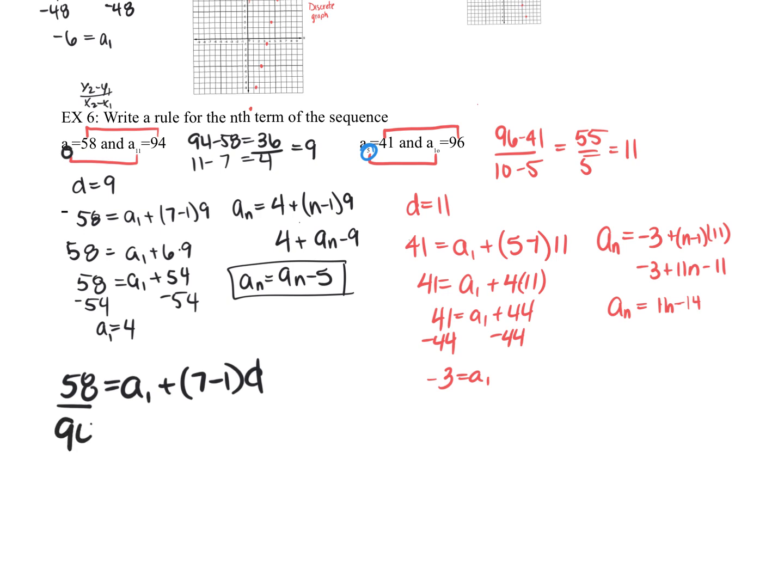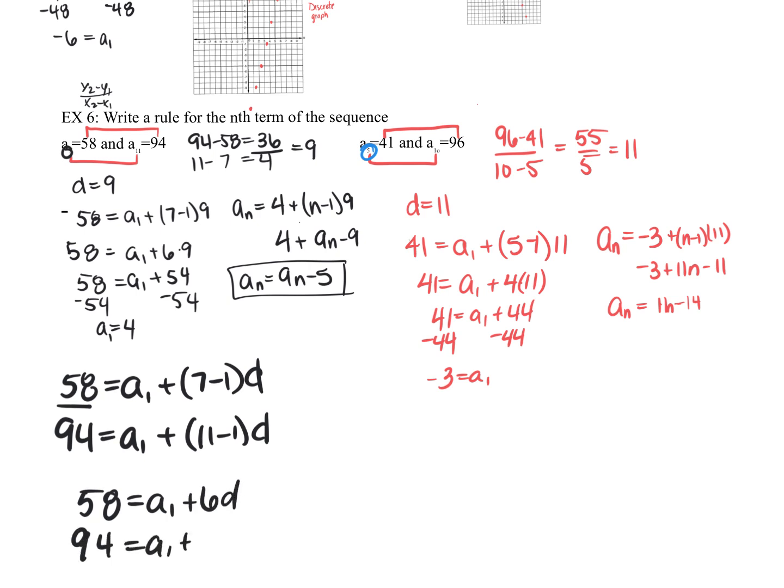And then 94 equals A1 plus 11 minus 1 times D. We'll simplify what's inside the parentheses. 58 equals A1 plus 6D, and 94 equals A1 plus 10D.